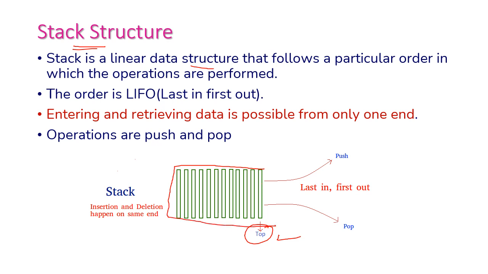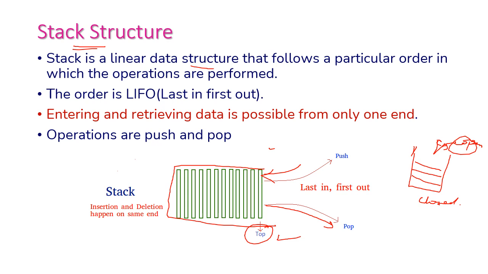Here we are going to insert the data at the top and remove the data only at the top. For example, this is like this: the first item, second item, third item. This end is closed. This is open. Hence the insertion and deletion will take place only at the open end, right?